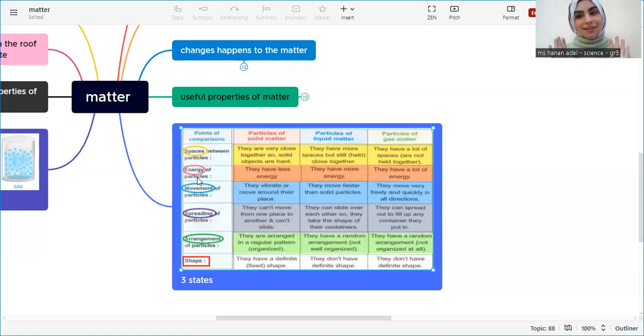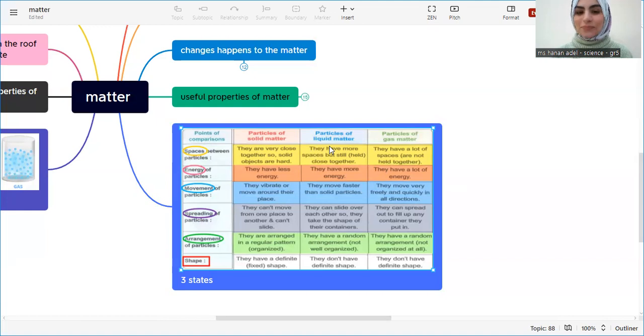What about the energy? The solid is a lazy one, so they have the least energy. In the liquid, everything is in between. But in the gas, they have a lot of energy, like an energetic person. For the movement or speed, the particles of a solid just vibrate around their place, vibration only.